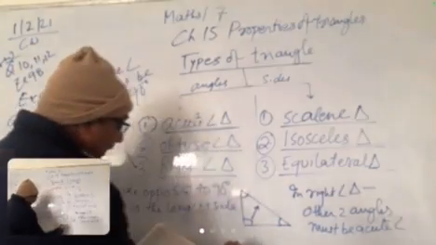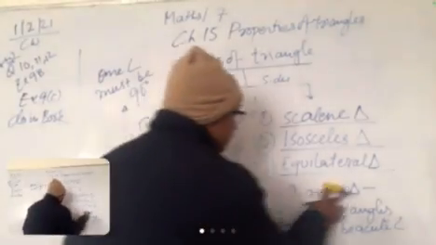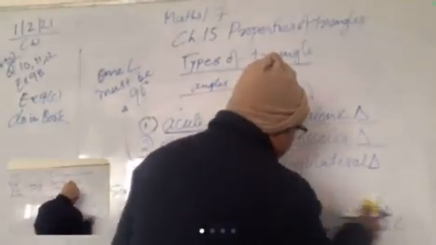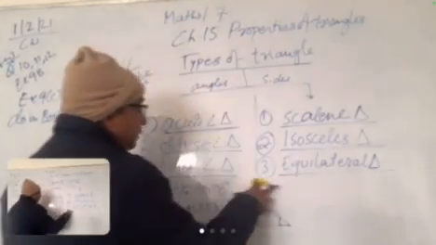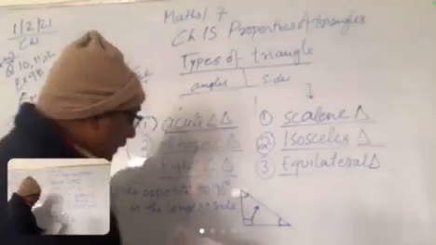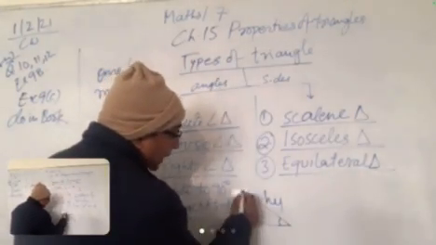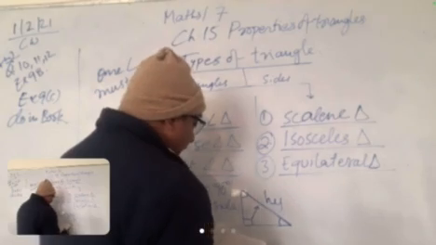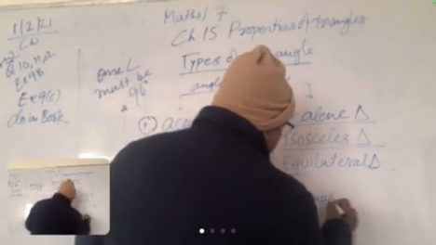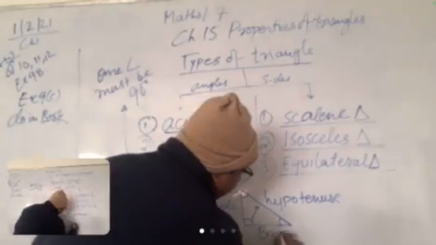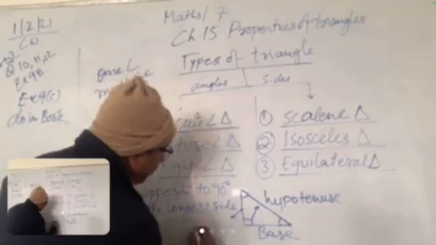In a right angle triangle, this is the hypotenuse. This side is opposite to 90 degree, so this is the hypotenuse. And this is the base, and this side is the perpendicular.